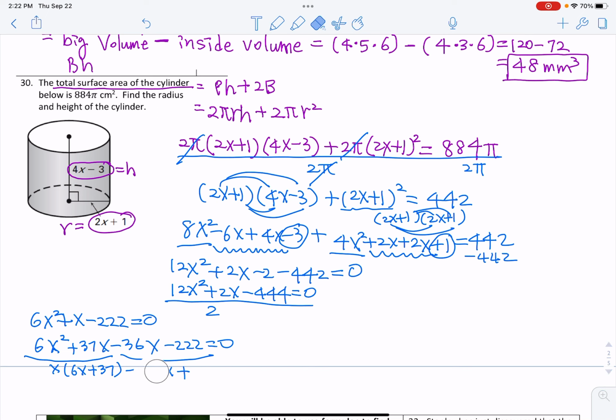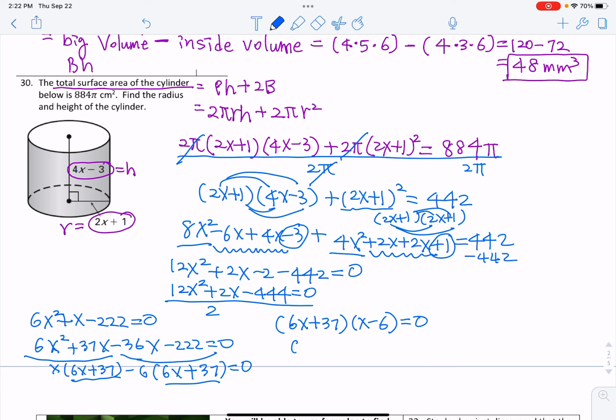Sorry. 36, no. 6 as a common factor. 6x plus 37 equal to 0. So common factor again, 6x plus 37. So 6x plus 37 and x minus 6 equal to 0.